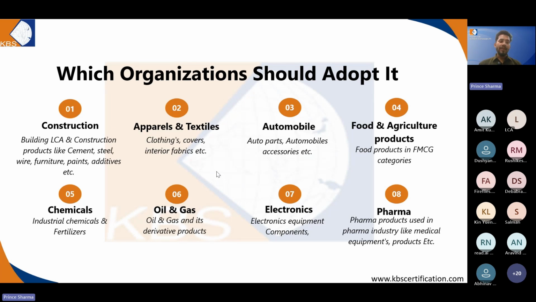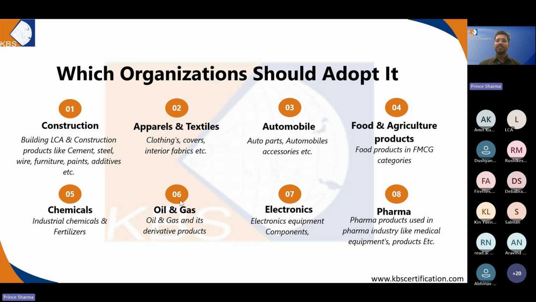Now coming to chemicals, industrial and fertilizers. Of course they have a very high and hazardous impact on the soil, on humans, as well as biodiversity. So chemicals are something very crucial and important for the life cycle assessment, to know their impact on mother earth as well as the ecosystem.